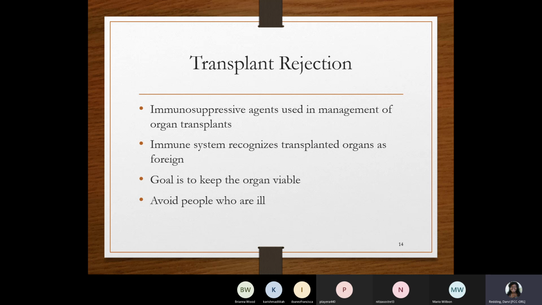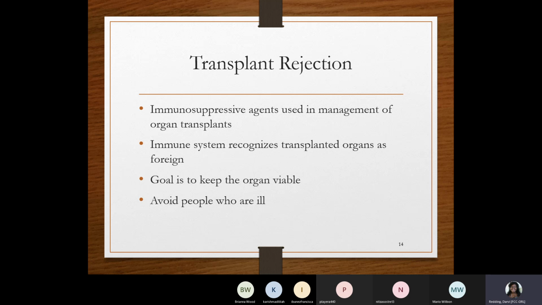So it's basically something that their body did not automatically start with. So with any transplant, the body automatically knows it's something that's foreign. So the goal of a person taking a transplant medication after they've gotten a transplant is to keep the organ viable. And so transplant rejection is avoided.